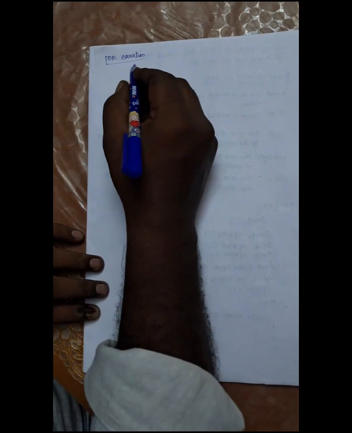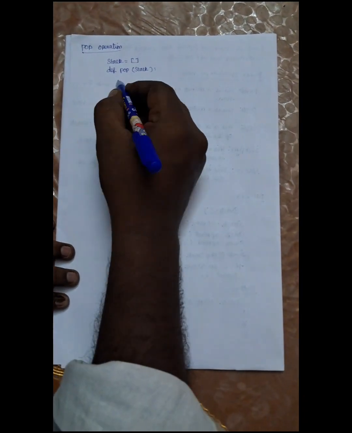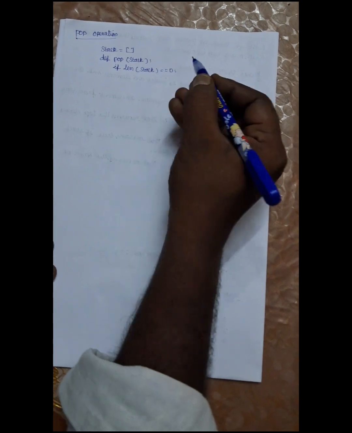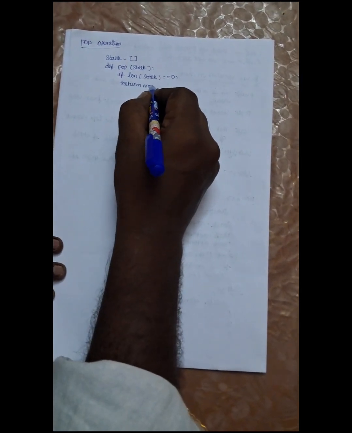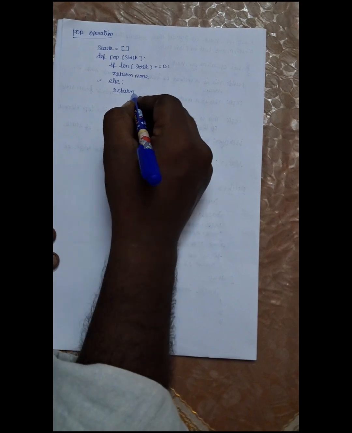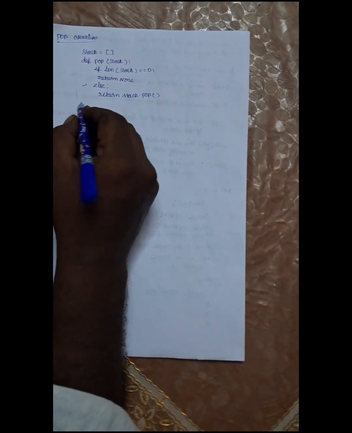The pop operation removes an element from the existing list. Create an empty list. Already the data items 1, 2, 3 are available. I'm going to remove; remove means top minus 1. If it is true, top minus 1 reduces the top position.